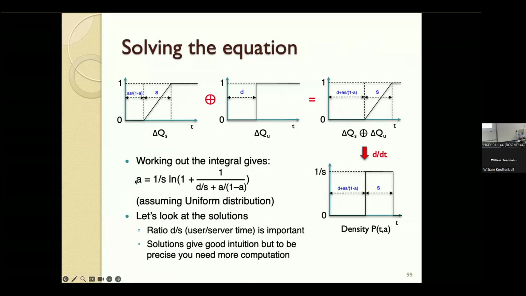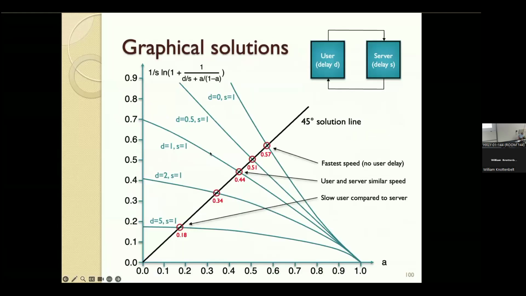This solution is very interesting. A is 1 over s times the natural log of this function, but there's this d over s ratio, which is very important here. d over s is the user time over the server time. Let me graph this and show you what it gives. This gives some very interesting results.